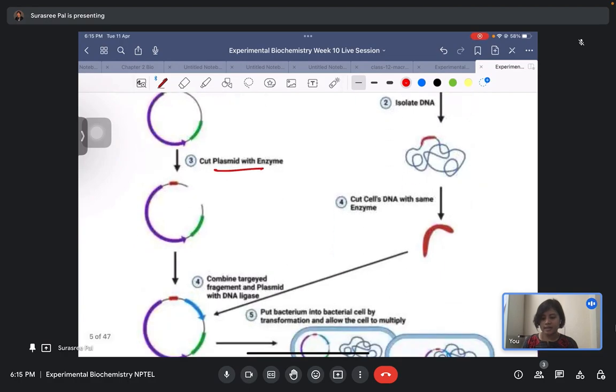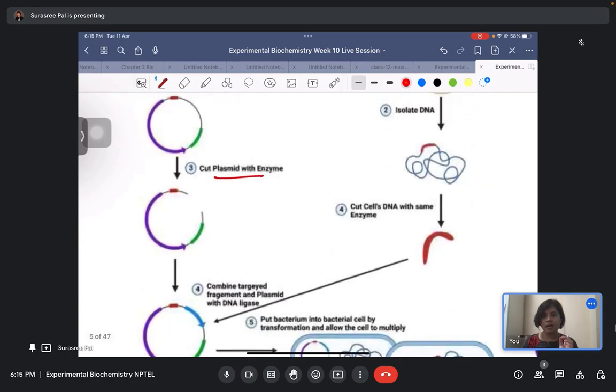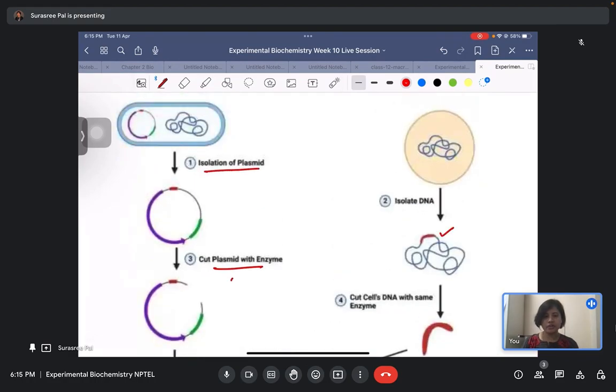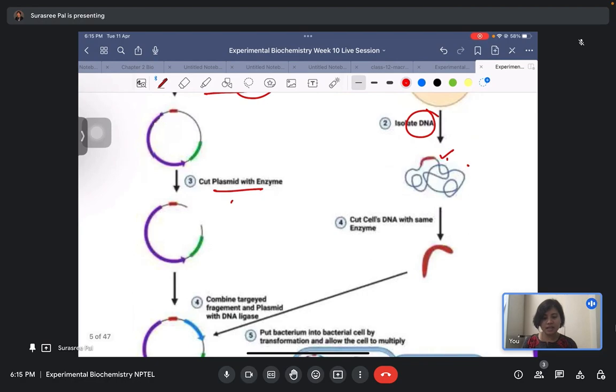Then we combine this plasmid with our gene of interest. So this gene of interest, where do we get it? This is plasmid isolation. This is genomic DNA isolation. The genomic DNA is isolated here. And this particular red stretch of DNA is also cut with the same enzymes as that of the plasmid.